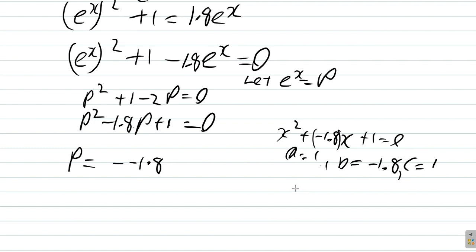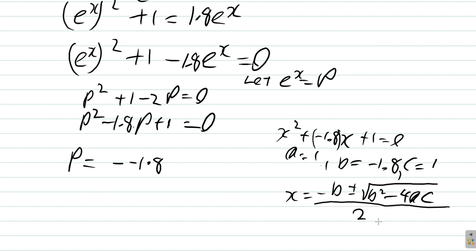So remember, the formula says x is equal to negative b plus or minus the square root of b squared minus 4ac all over 2a.